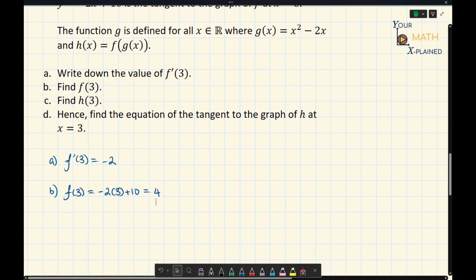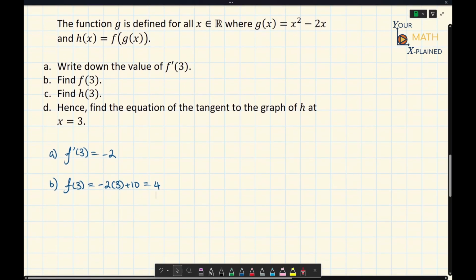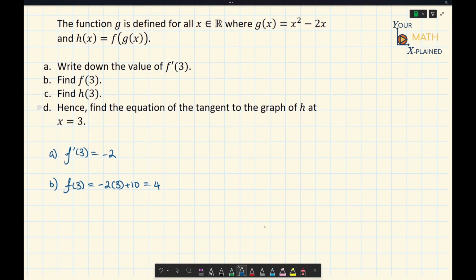Now part C is asking us to find h of 3. So we're given that h is f of g of x, where g of x is equal to x squared minus 2x. So this means h of 3 is going to be equal to f of g of 3.